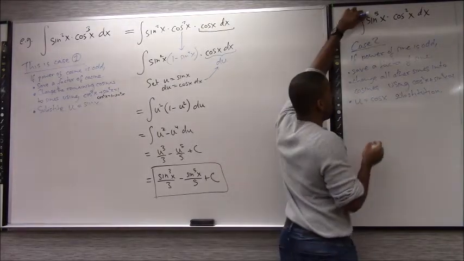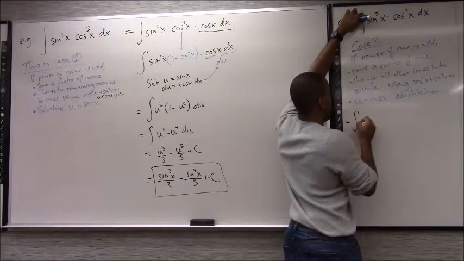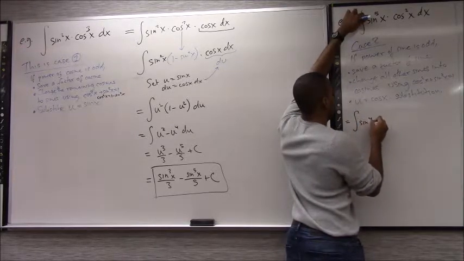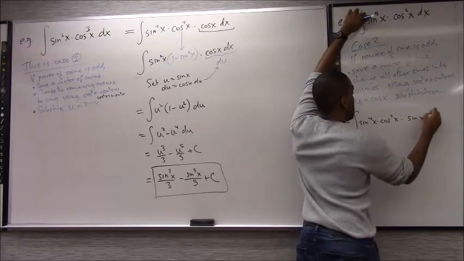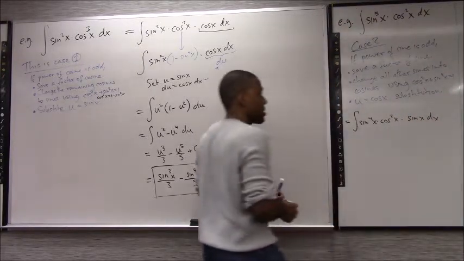Here the power of sine is odd, so I'm going to break that up into a sine to the 4th and a sine, which I'm going to put at the end. That's me saving the factor of sine.